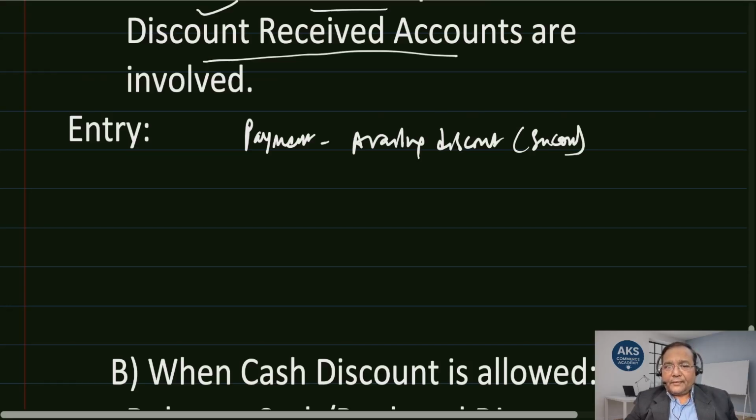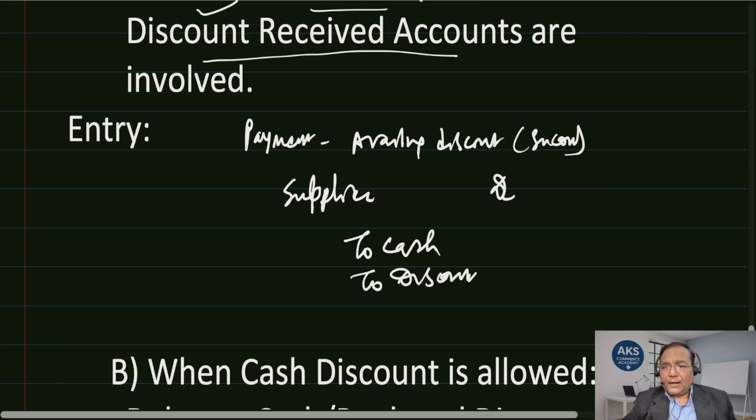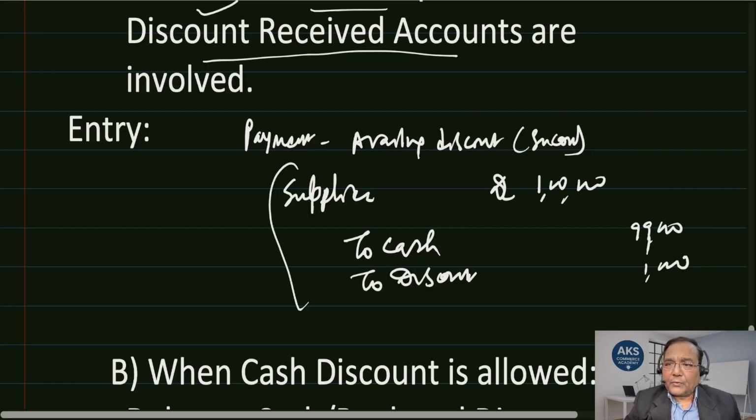Let's say supplier debit, to cash, to discount received. Say 1 lakh rupees is owed, we have paid 99,000 in cash and 1,000 is the discount that he has allowed. So this discount is an income.